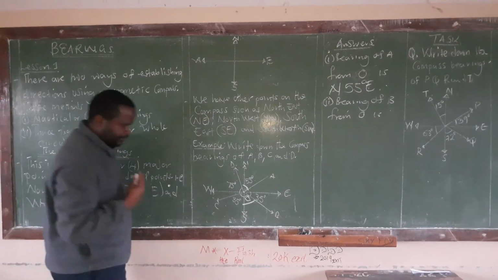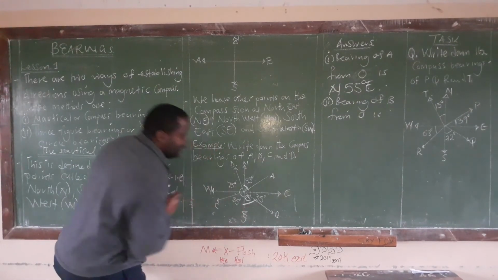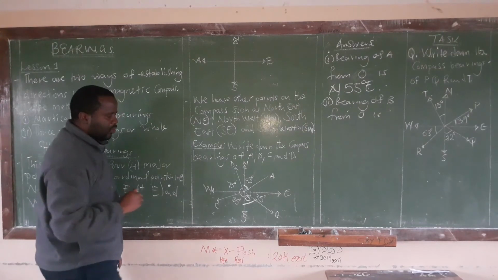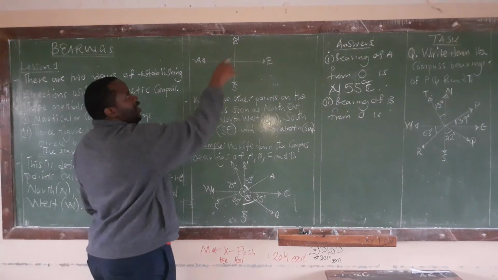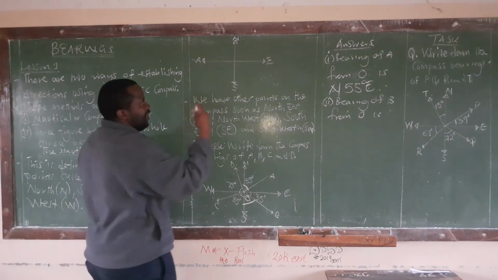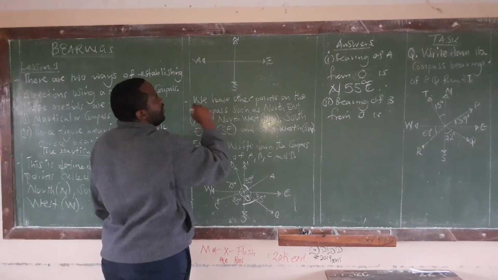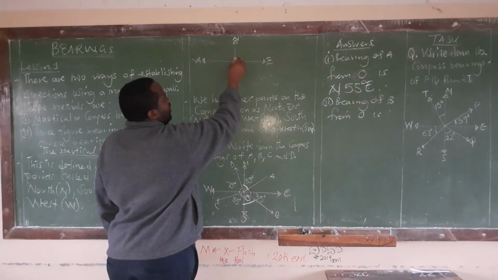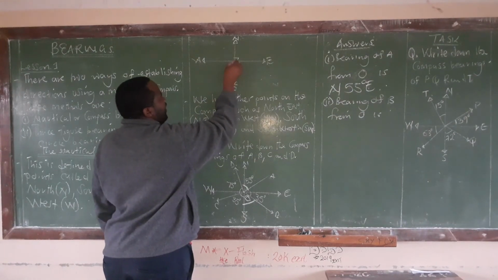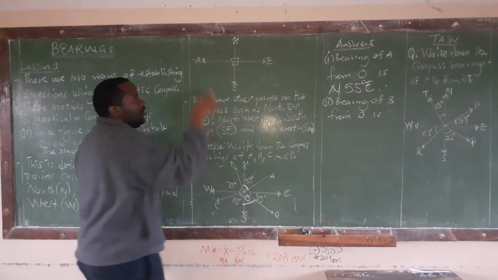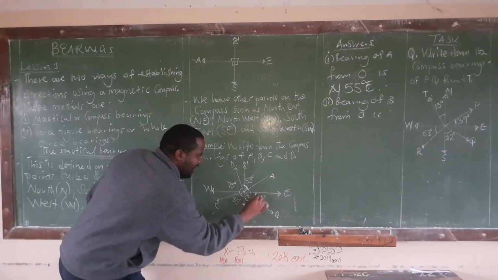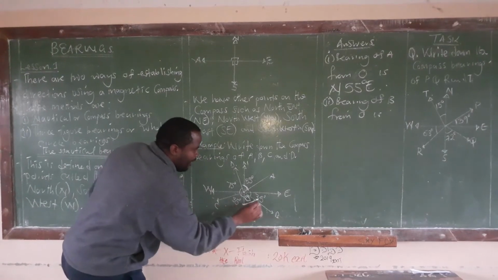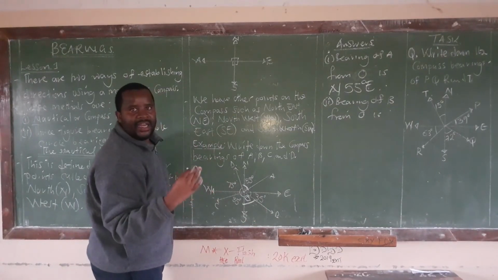Now the question is, what is this bearing? Realize that here we don't have an angle. But these 4 critical points imply that each of the quadrants is a quarter, which is 90 degrees, 90 degrees, 90 degrees, 90 degrees, altogether giving 360. So this angle here is 90 degrees, and this angle plus that should give us 90 degrees.